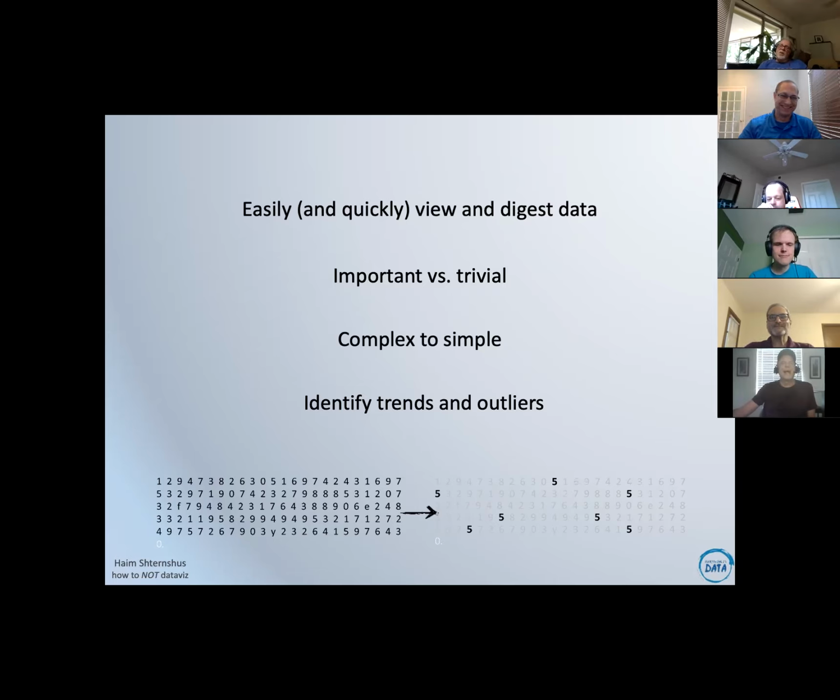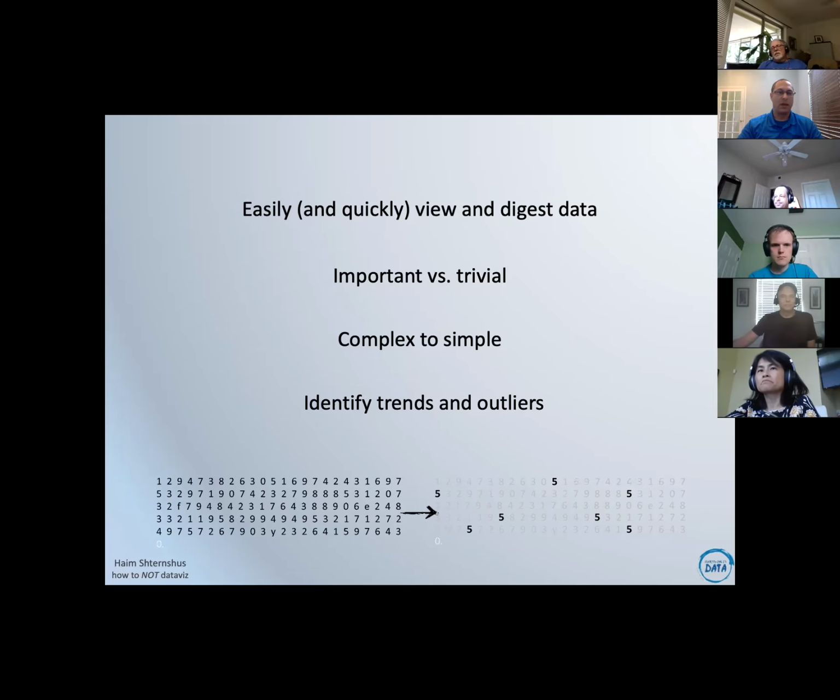Well, the other point is that you are basically forcing the viewer to ignore all the other numbers and just concentrate on 5. Right, because in this case, you're guiding the narrative. Sure. And that's something, again, that we need to keep in mind, that whenever we see a data visualization, there is likely a narrative behind it.